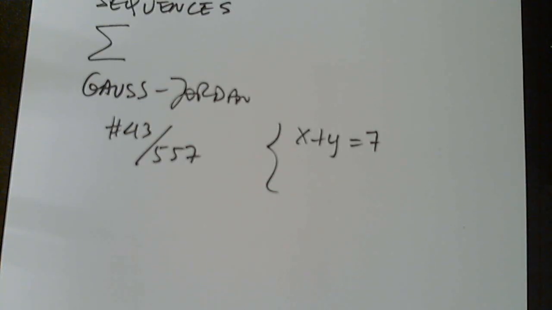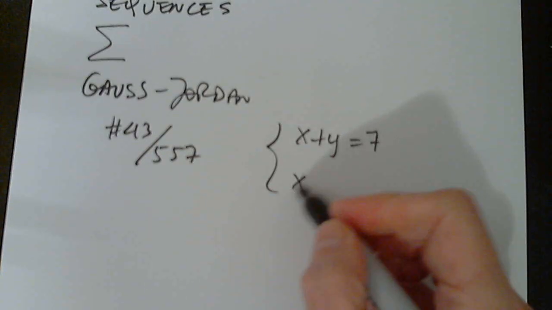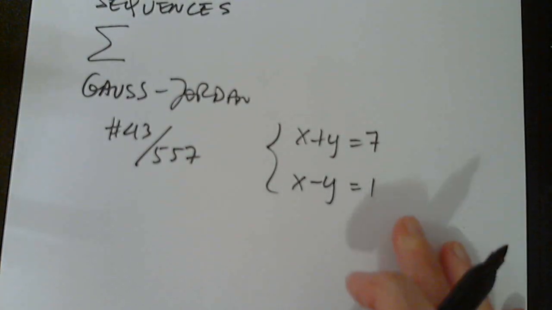Let's read on. If one number is subtracted from the other, their difference is -1. Is that just x minus y equals 1? That's negative 1.